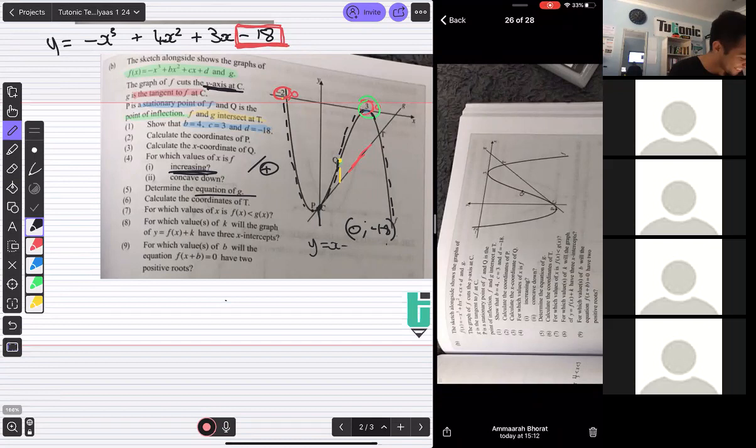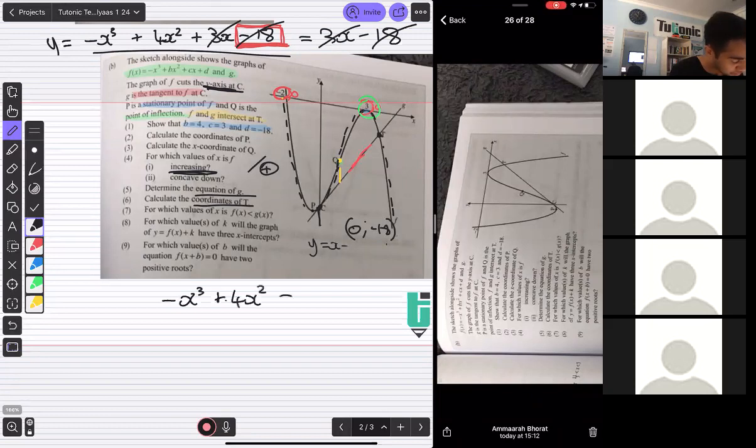Let's go. The coordinates of t. Okay, so all we're going to do is we're going to make this equal to 3x minus 18. So then this is going to cancel with the minus 18. Oh, wow, this is going to cancel with the 3. So then we're left with minus x cubed plus 4x squared equals 0.